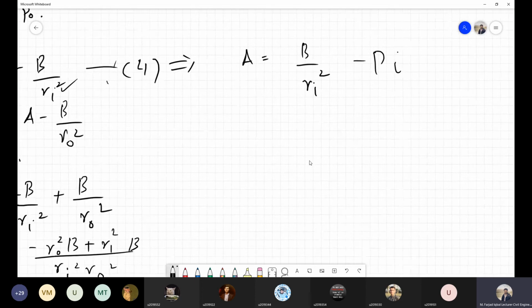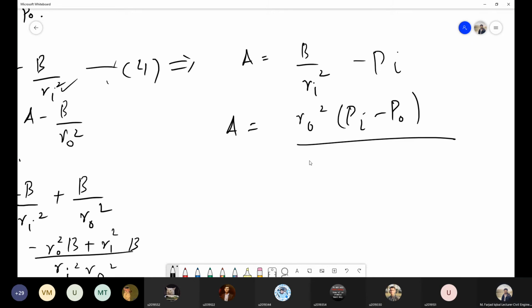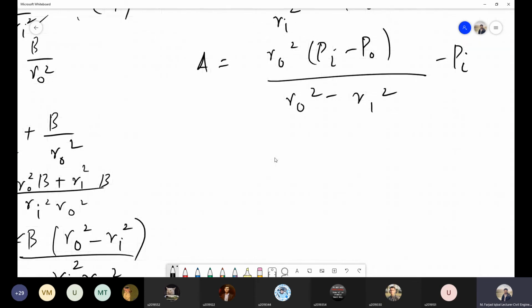If I substitute the value of b which I have just calculated, I will get r naught square pi minus p naught divided by r naught square minus ri square, minus pi. Now you can do the simplification.